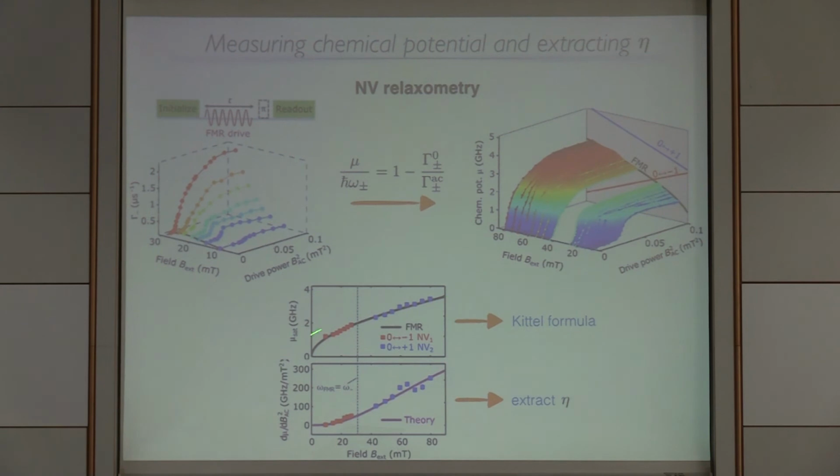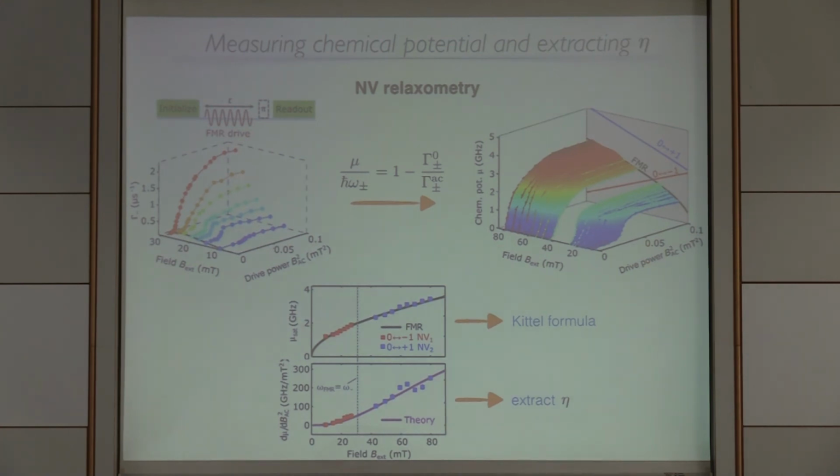That's something that we know just from the saturation magnetization of the film. So this is the theoretically calculated Kittel formula for the frequency of the coherent FMR dynamics that is driven by the microwaves. And these dots are experimentally extracted values of the chemical potential from this formula without any fitting parameters. So it shows very convincingly that the language somehow makes sense.